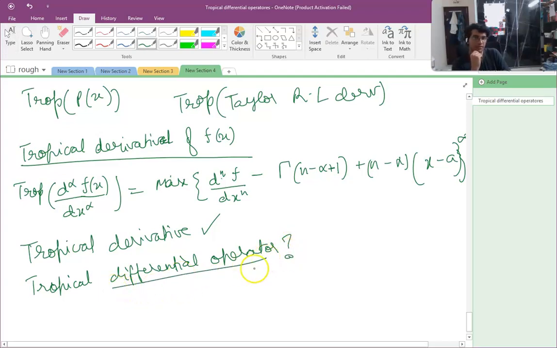So differential operator in the sense, if I take different values of alpha, then for rationals I'm going to get one kind of operator, for reals I'm going to get one kind of operator, if I take complex numbers I get another kind of operator, or if I take any other arbitrary field then I get that kind of differential operator. So this is one way to generalize your differential operator, starting from a derivative, and if you like you can focus on that in your research.